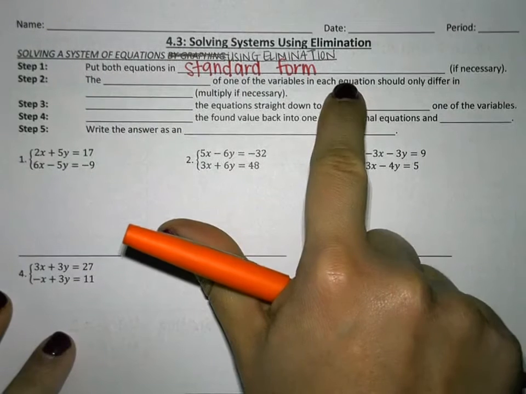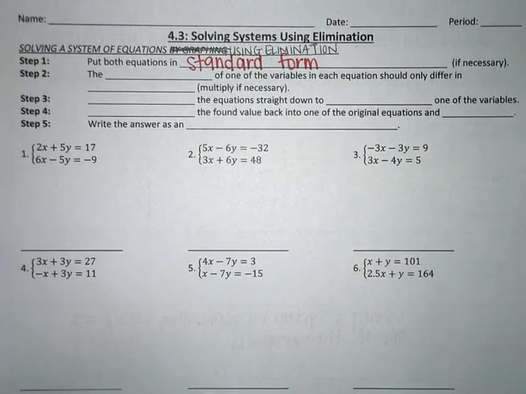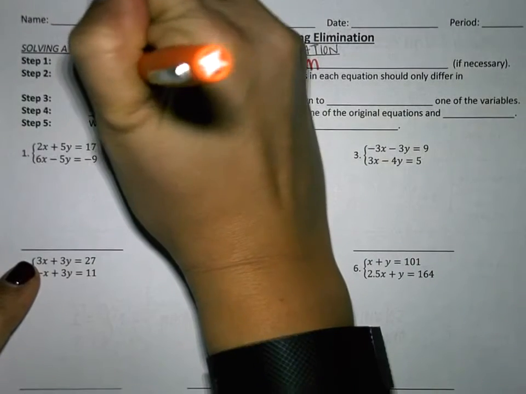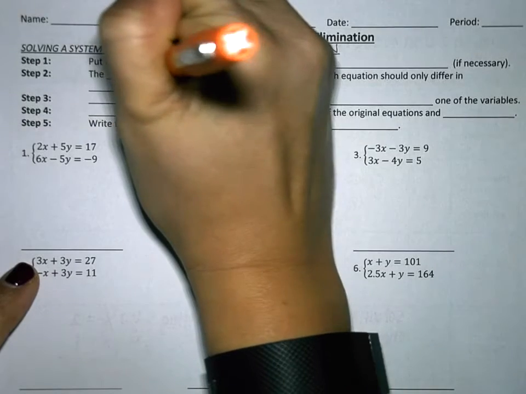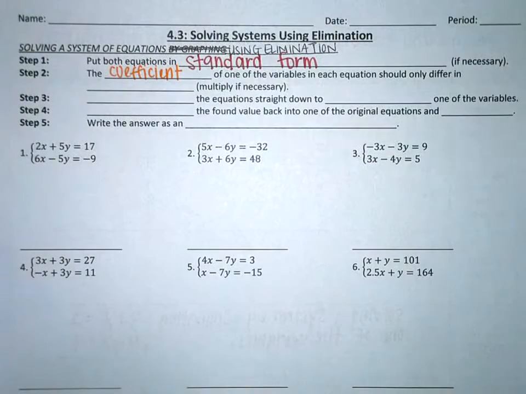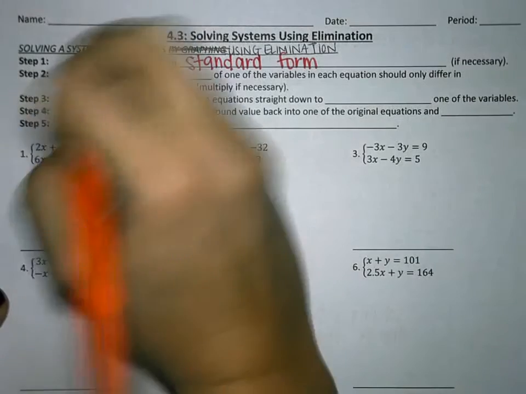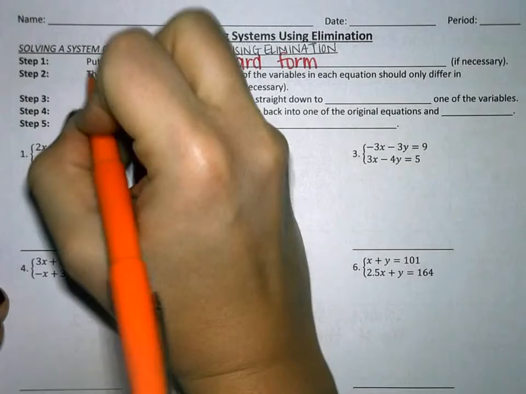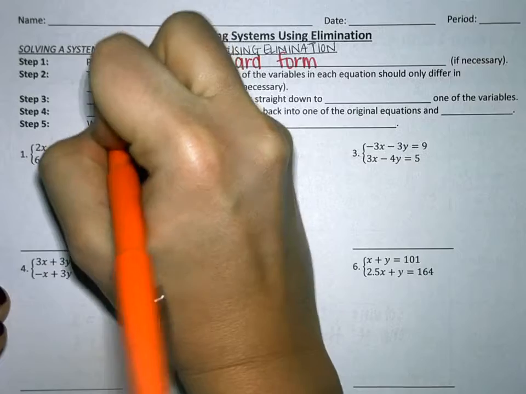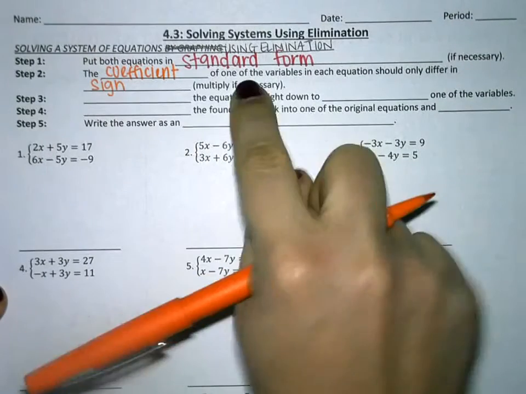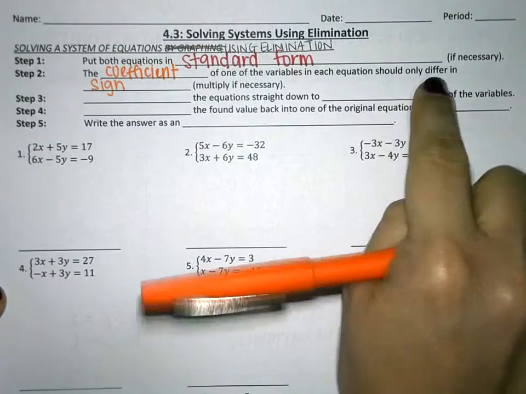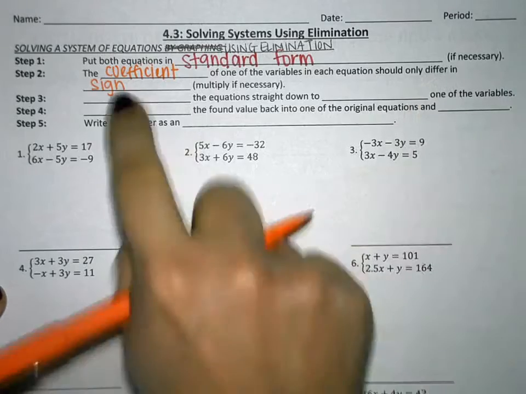Then the thing about elimination is we want the coefficient of one of the variables to have the same number but be opposite in sign. So we want the coefficient of one of the variables in each equation to only differ in sign.